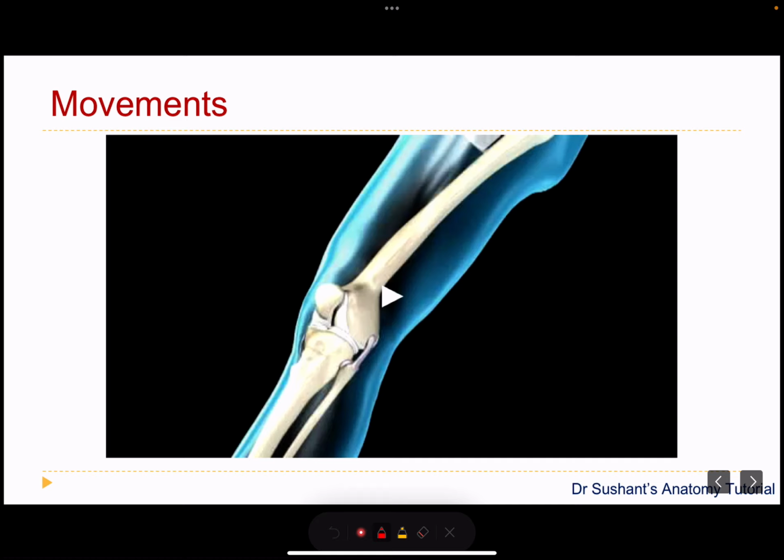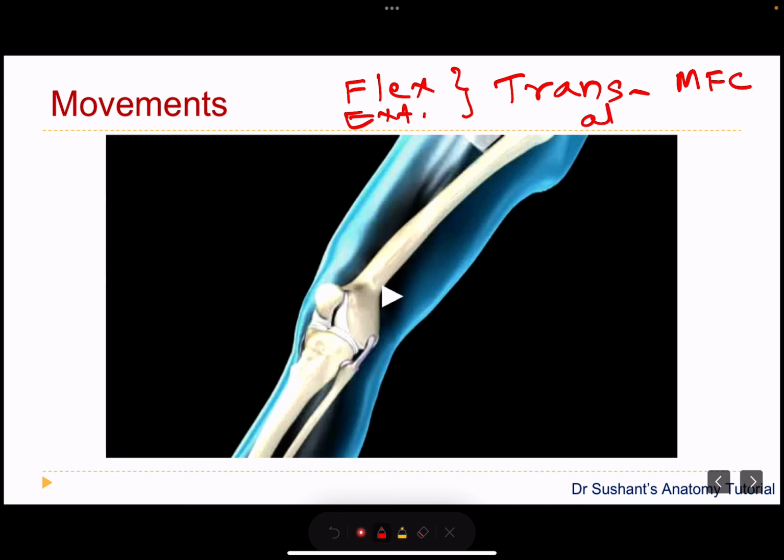Next, let us talk about the movements taking place at the knee joint. We have flexion and extension, and these two movements take place along the transverse axis, in the upper meniscofemoral compartment of the knee joint, above the menisci.